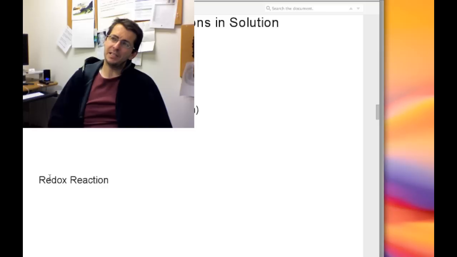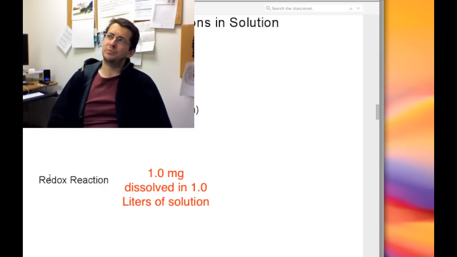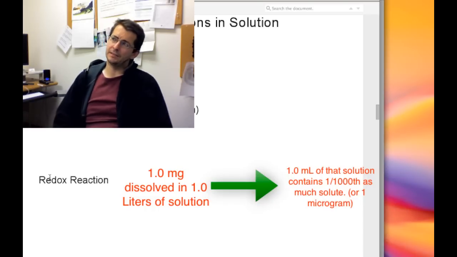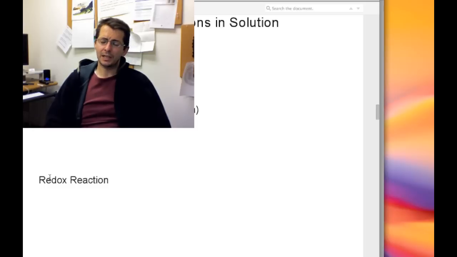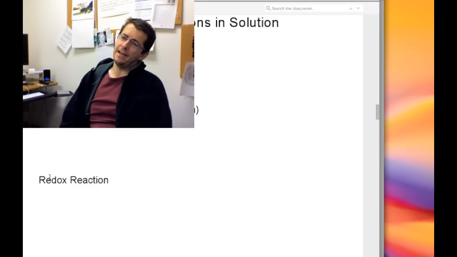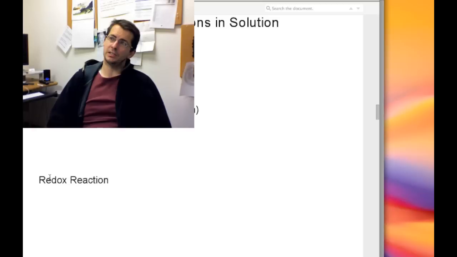Well, if you take a milligram and you drop it down into a liter of solution, you now have a milligram in a liter, and then you take a milliliter of that solution, and you now have a microgram of material that you can then deliver. And so it allows you to measure much smaller quantities by taking advantage of the fact that they are homogeneous mixtures.